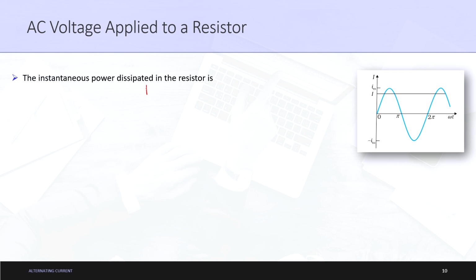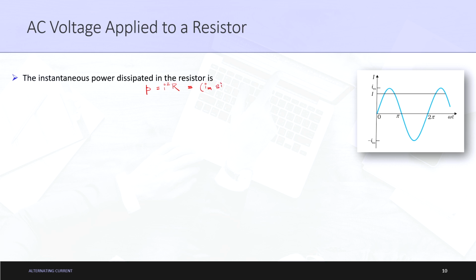Let me denote that value by P. So, P is equal to I square R. This is the basic formula which we learnt in our current electricity chapter. Here the value of I is Im sin omega t, so let me substitute that value.